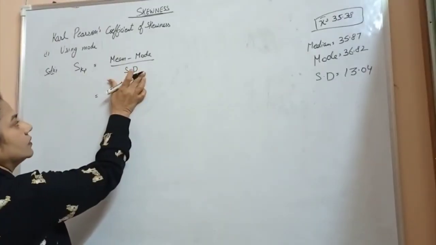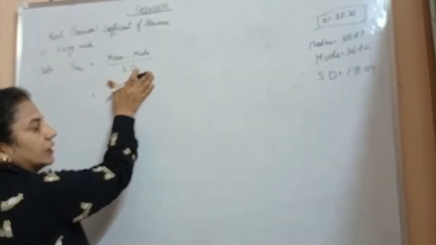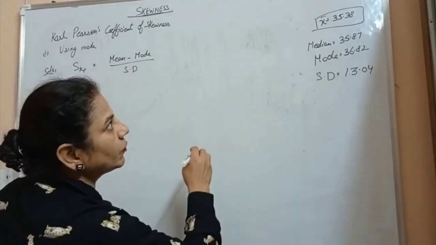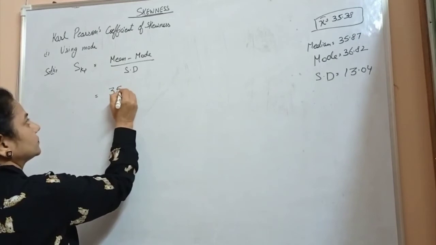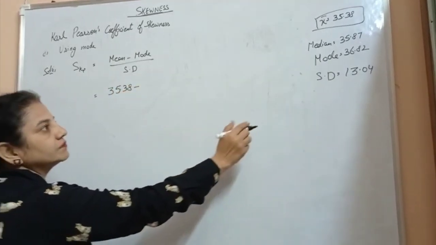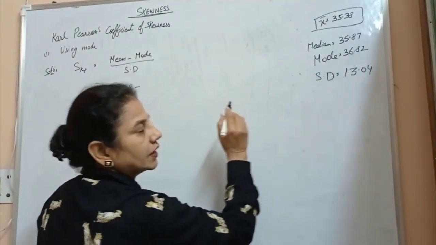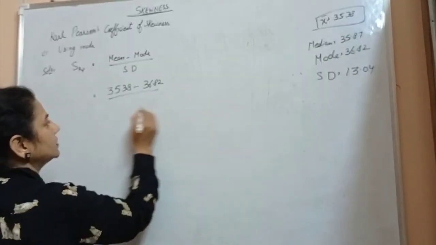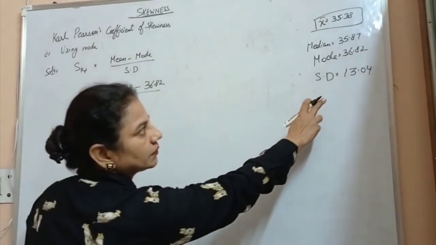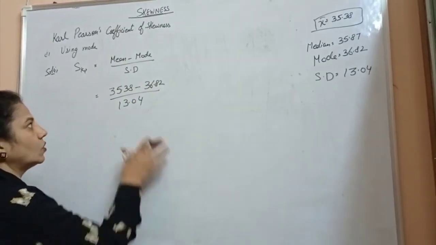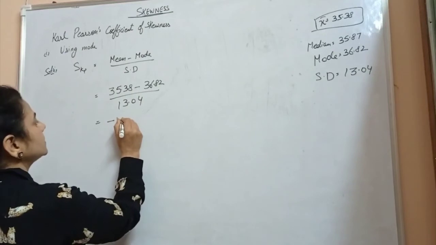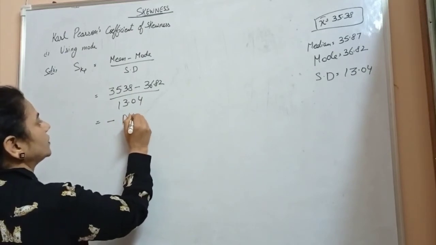So apply all the values of mean, mode and standard deviation. Mean we have calculated as 35.38, mode we have calculated as 36.82, and standard deviation we calculated as 13.04. On substituting all the values and calculating, we get minus 0.111.